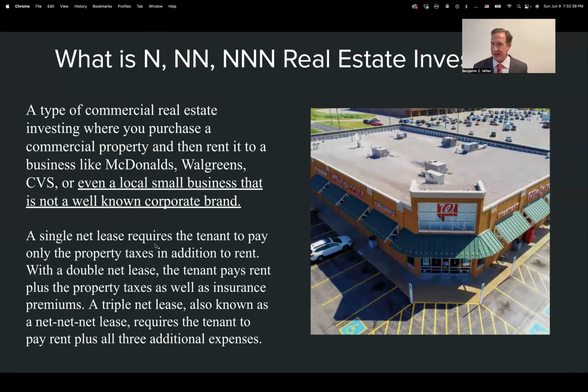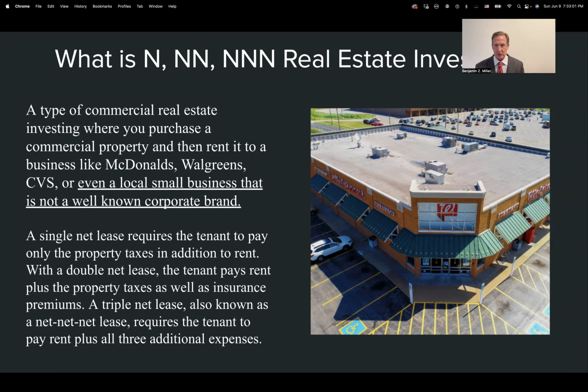So what exactly is net lease? Well, let's imagine that you're in the United States and you see a Walgreens or maybe a CVS drugstore. Interestingly, those buildings are often owned by private landlords. So even though Walgreens is there or CVS is there, they don't own the building.